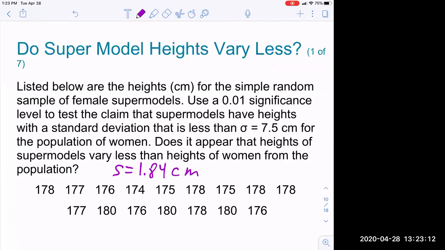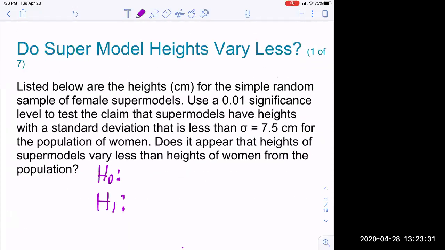Okay, here's our problem. Author does not give the standard deviation soon enough. So this is from the data. N is 16. So let's start the analysis for this problem by pulling out the hypotheses. Okay, I've got alpha.